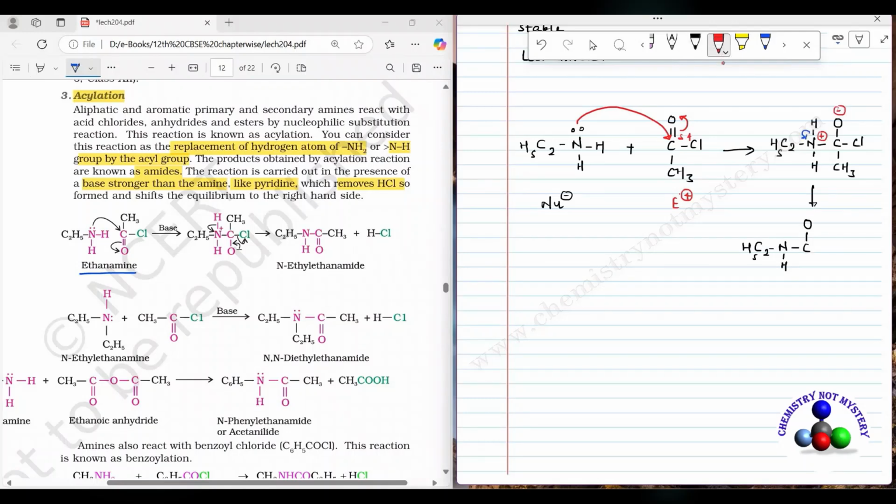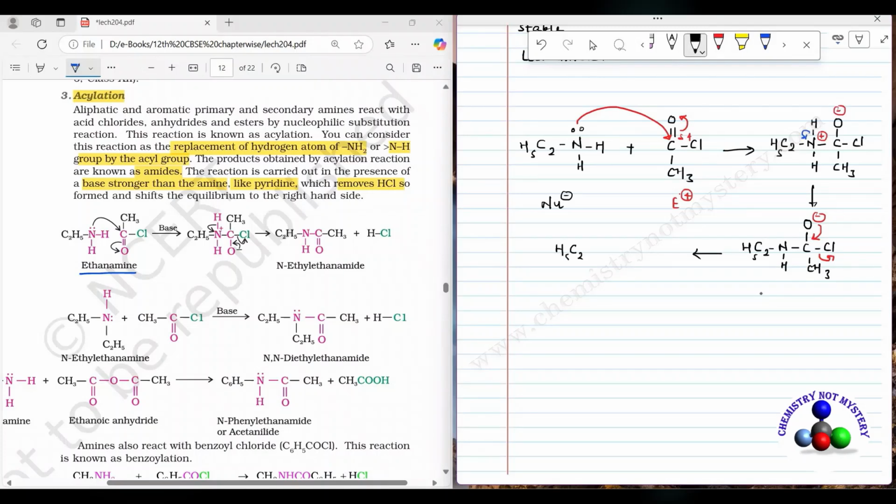Here this is oxygen which has negative charge. Here it is bonded with Cl and here it is bonded with CH3. Now this negative charge move back between carbon and oxygen and expel Cl in the form of Cl negative ion. So here you will get the product.